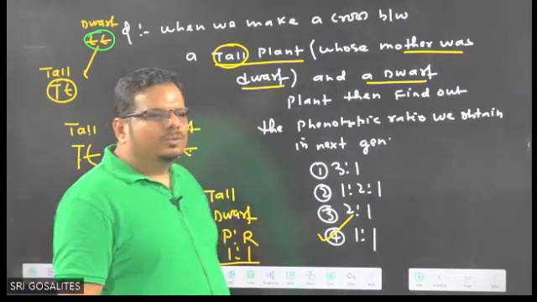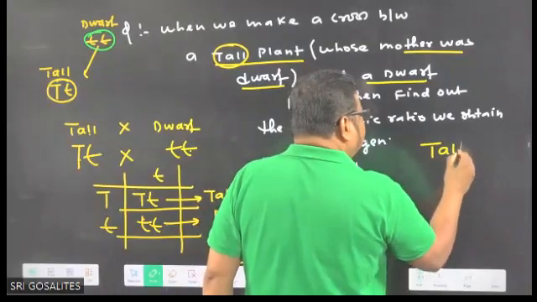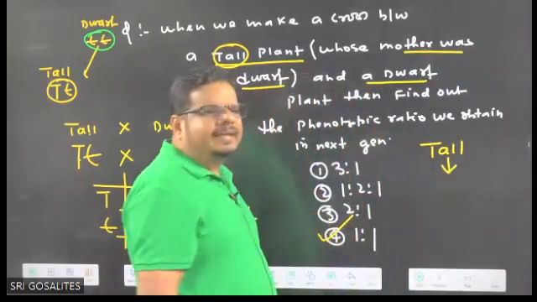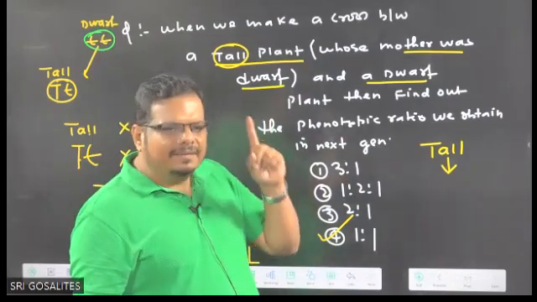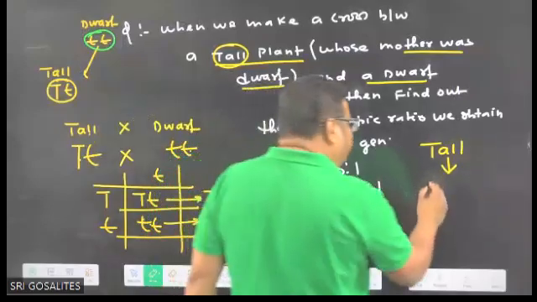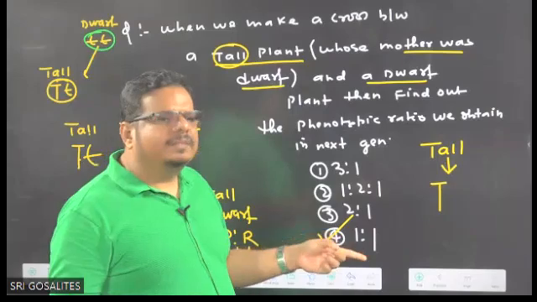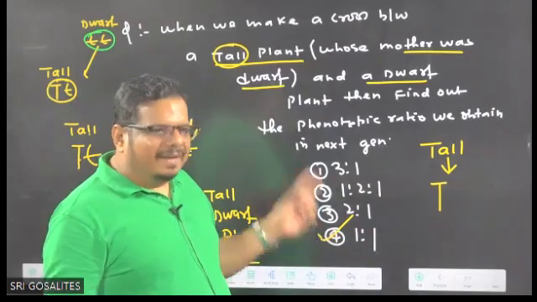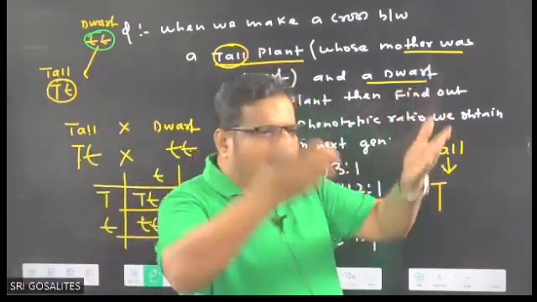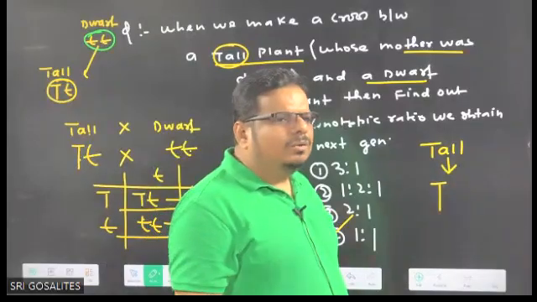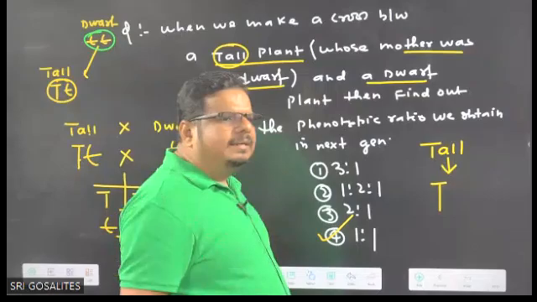Okay, ji? So this is a tall plant. If any tall plant is there, who must be present here? Capital T must be present here. So if it is tall, it has one capital T. And that capital T came from the father. In children, the character came from both father and mother, na? So capital T means the father has given capital T. About the father it is not mentioned.